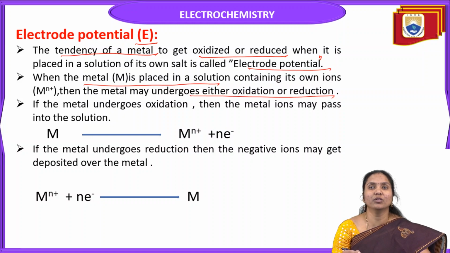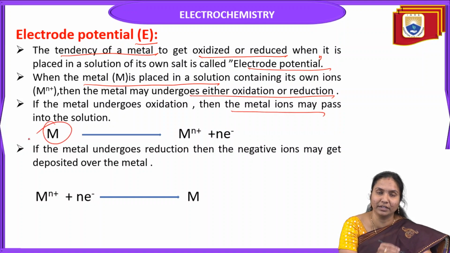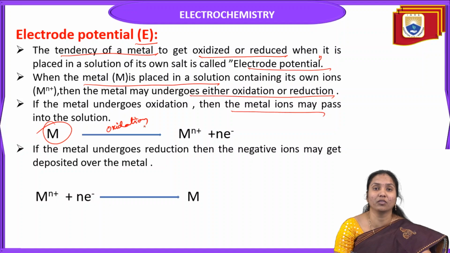If the metal undergoes oxidation, then the metal ions may pass into the solution. Oxidation means loss of electrons.